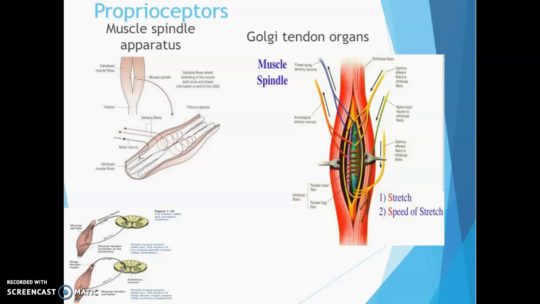The stretch shortening cycle, also known as SSC, refers to a muscle action which happens when active muscle lengthening is immediately followed by an active muscle shortening. This can happen in many sporting activities, for example in tennis.